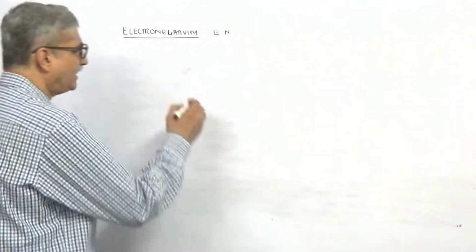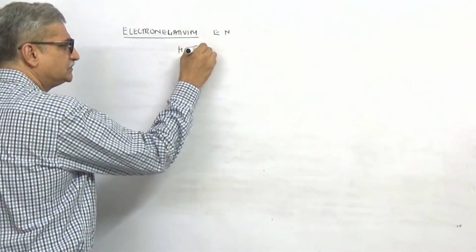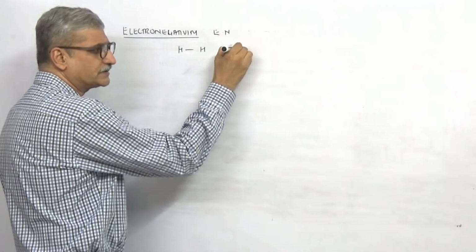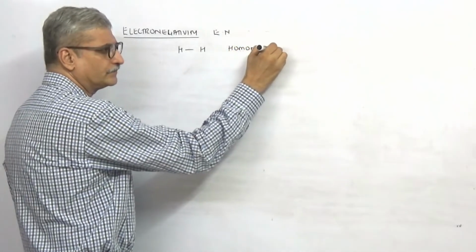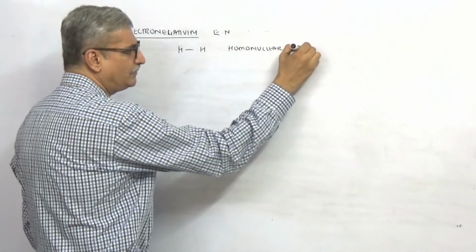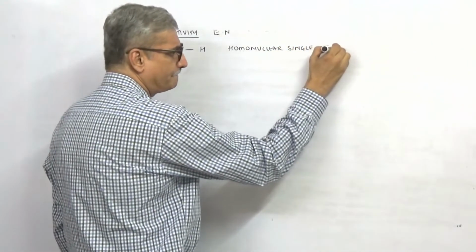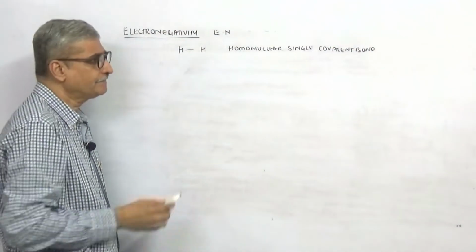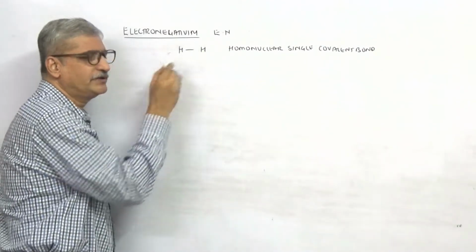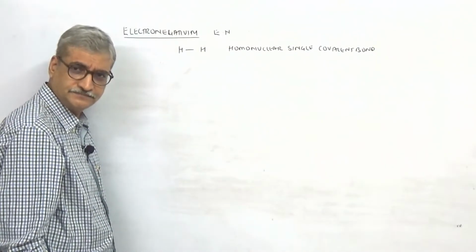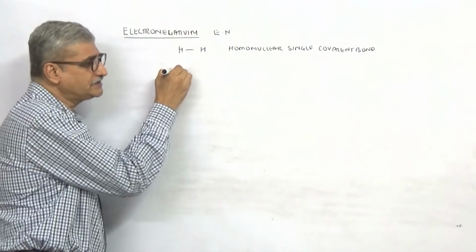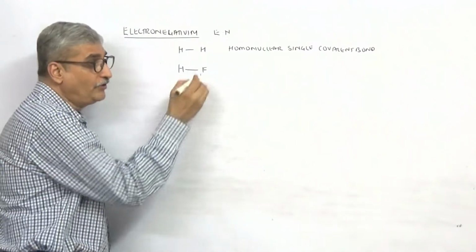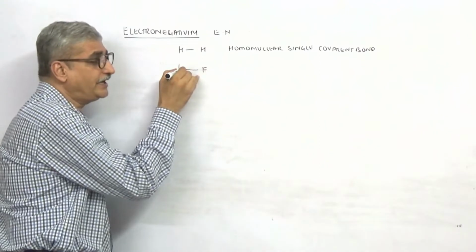Now you see, if you have a covalent bond being formed, if a single covalent bond is formed and it is homonuclear, so it's a homonuclear single covalent bond, then what happens after the bond is formed? The pull of the nucleus on each side is going to be the same. But if you have something like HF, fluorine is able to pull the electron of hydrogen towards itself.